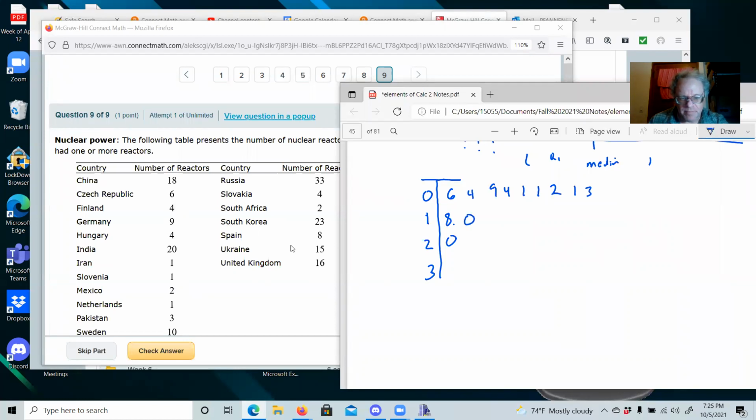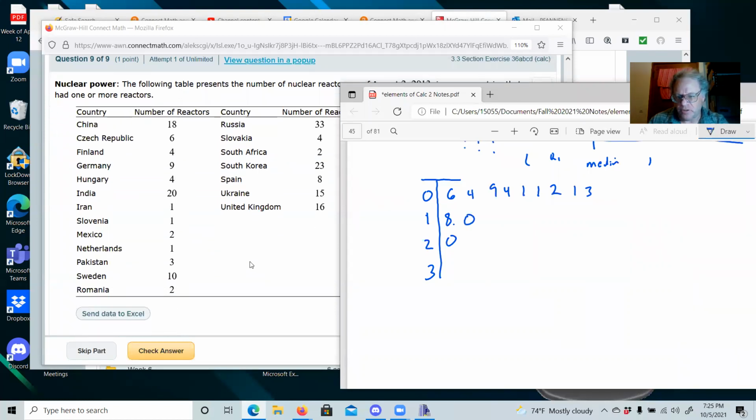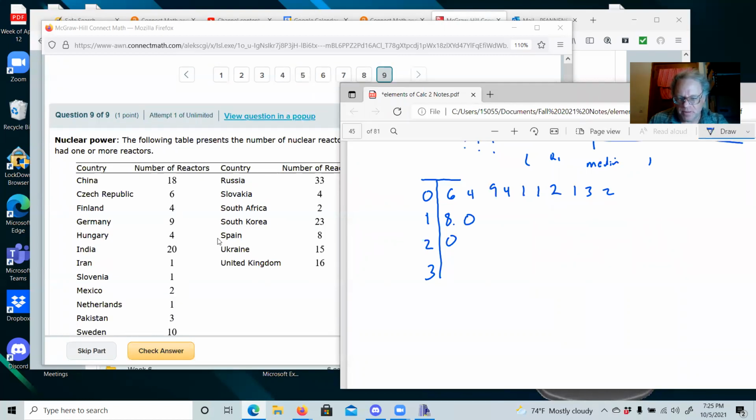Then there's a 10 and a 2. Then we have Russia with 33, Slovakia with 4, South Africa with 2, South Korea, who would have thought, 23, 8 for Spain, 15 for Ukraine, and 16 for the United Kingdom.